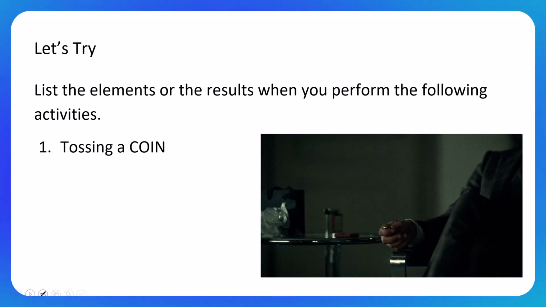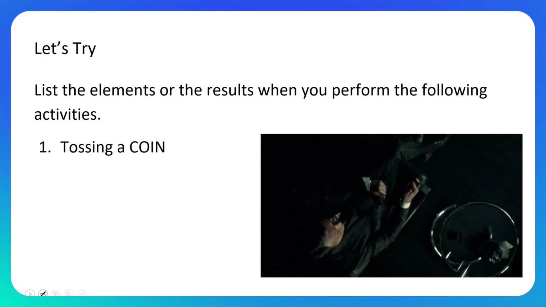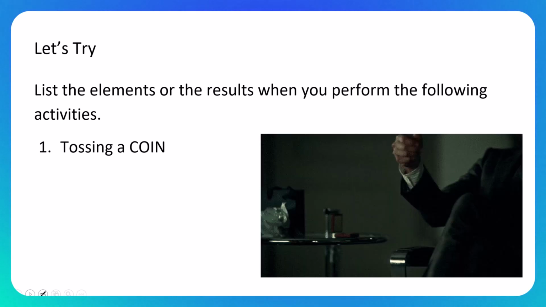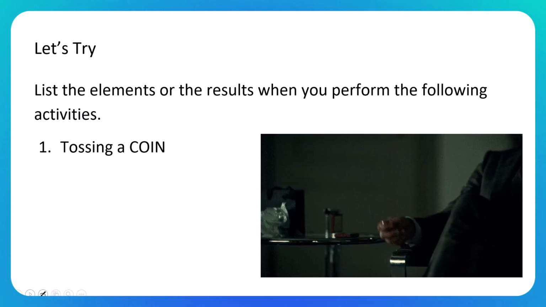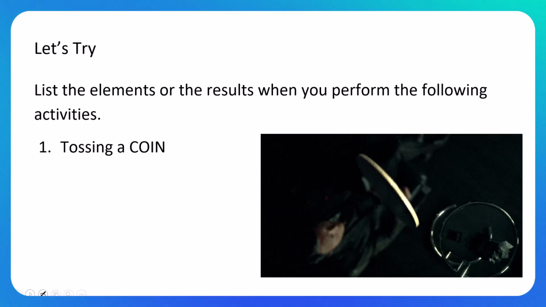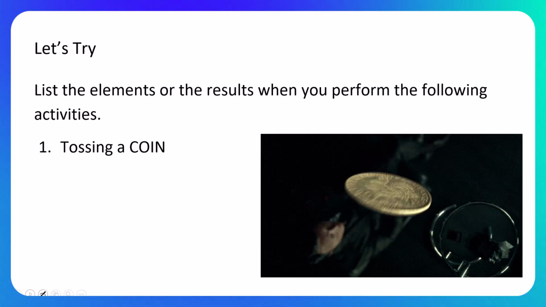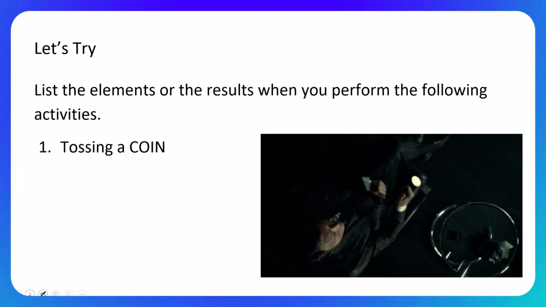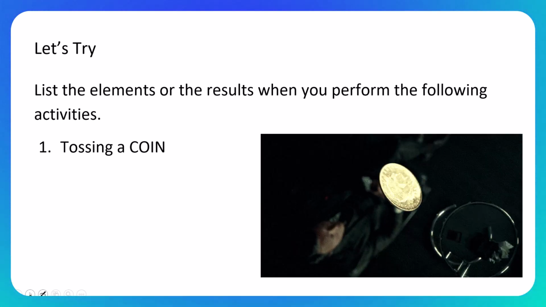Let's go back to the coin tossing. When you toss a coin, we want to list the elements or the results. So we have 2 sides to the coin if it's a fair coin. We're always looking to analyze what we're experimenting with, and make sure that it's a fair experiment, with no bias.